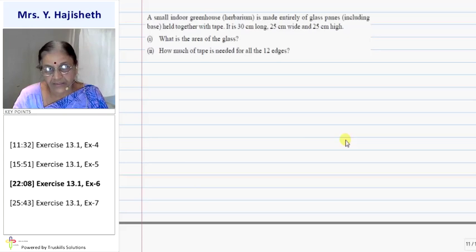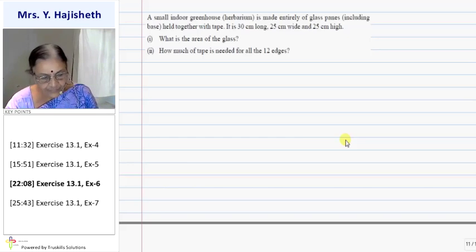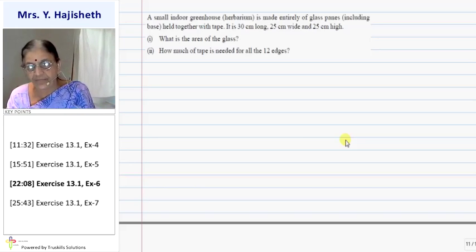It is 30 centimeter long and 25 centimeter wide and 25 centimeter high. What is the area of the glass and how much tape is needed for all 12 edges? Okay.